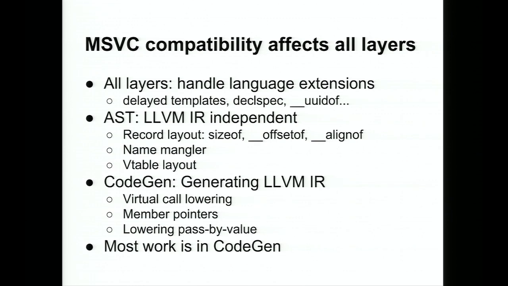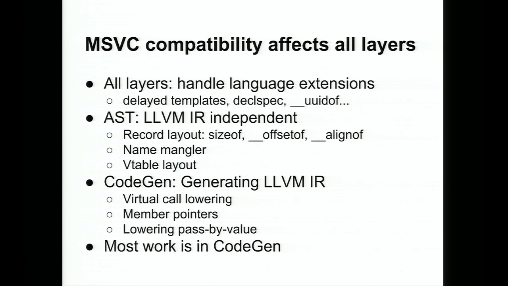Most of the work that I work on is in the AST and CodeGen layers. And so the AST layer is basically a library that has all of the stuff. First and foremost, it's all the data structures that represent C and C++ and Objective-C code in Clang. But after that, it's got all of the LLVM-independent features that you need to think about when representing C and C++.